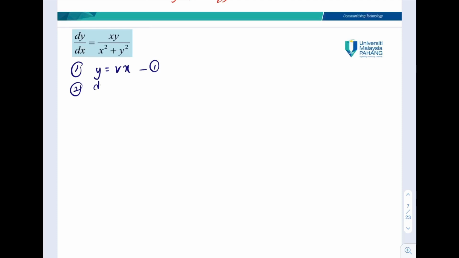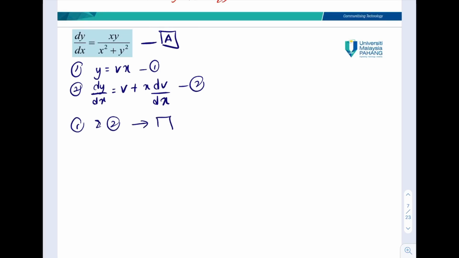It will become dy/dx equals v plus x dv/dx. So this is equation number 2. Next step, we have to substitute equation 1 and equation 2 into the question. Maybe I label this one as A, so 1 and 2 into A.